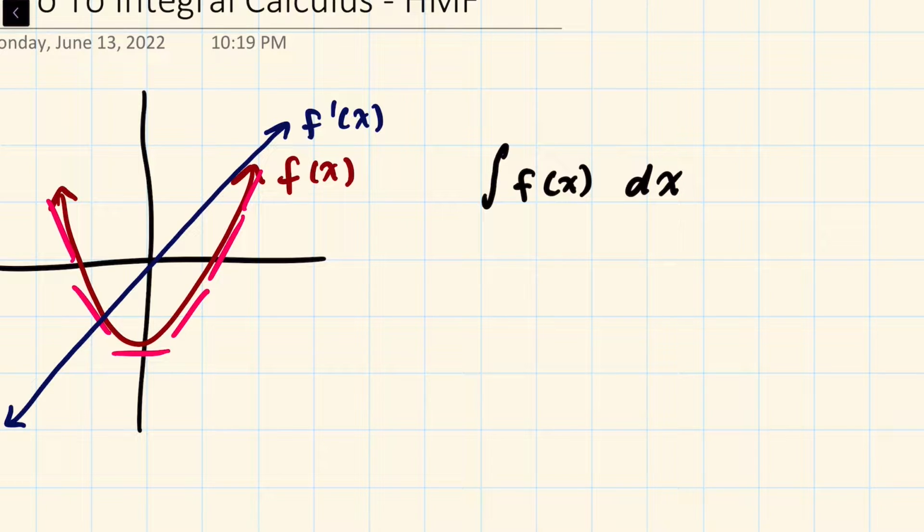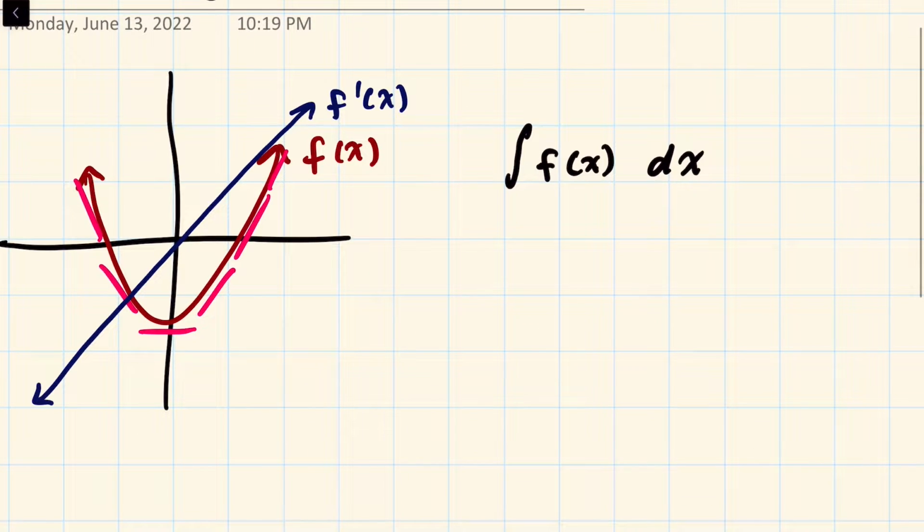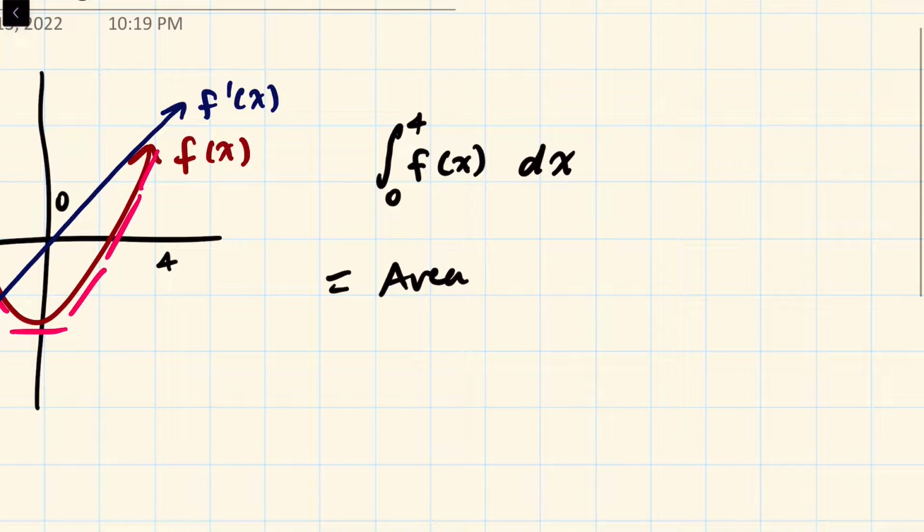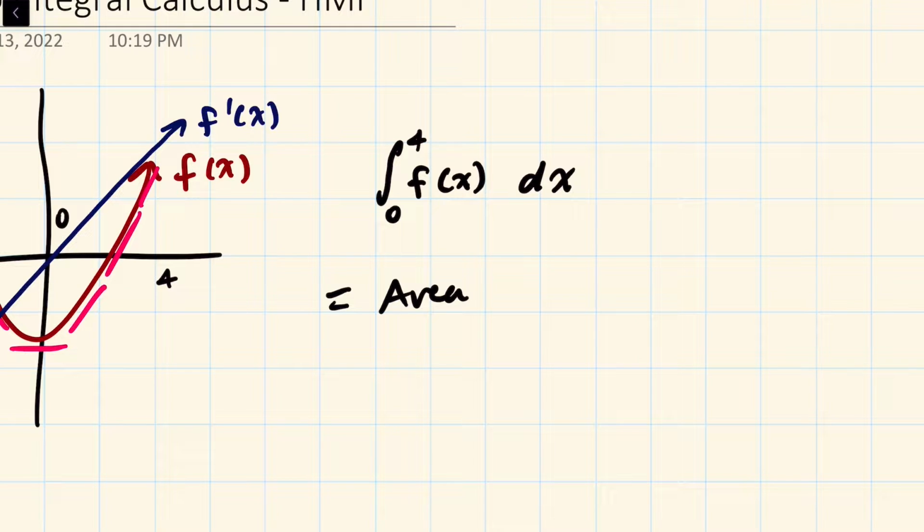I'll tell you the difference between a definite and indefinite integral later. If you have a definite integral from x equals 0 to, let's say, x equals 4, that integral is going to equal the area between the graph of the function and the x-axis.